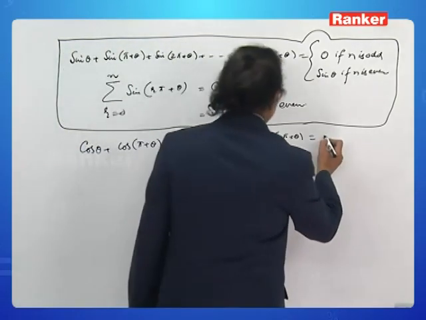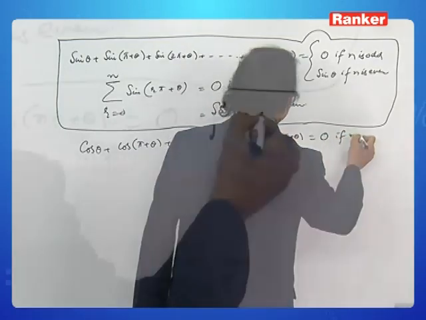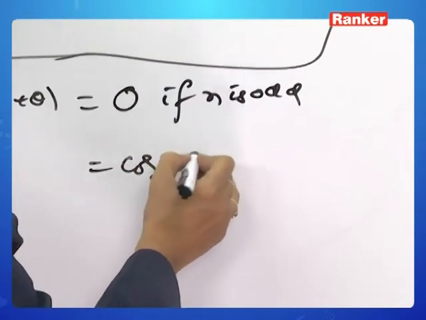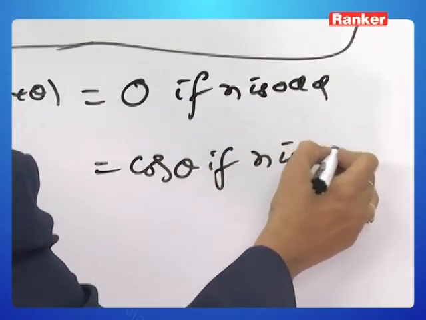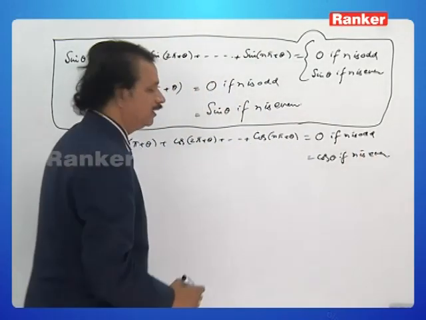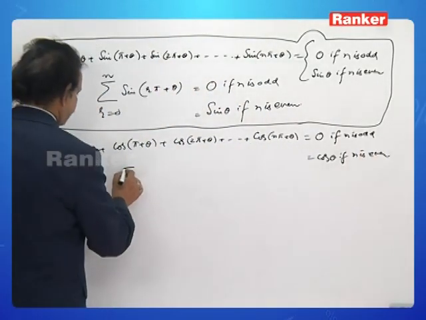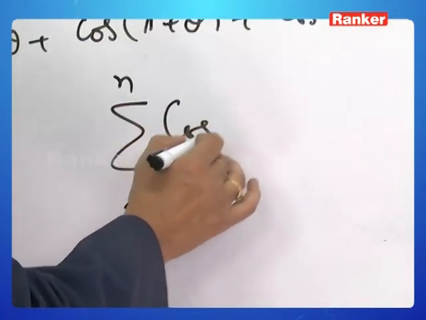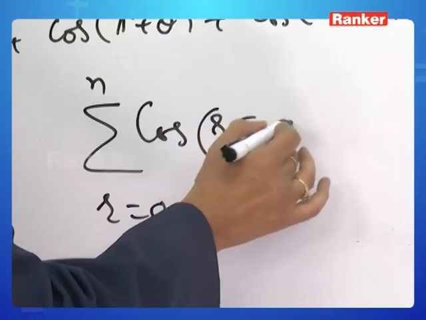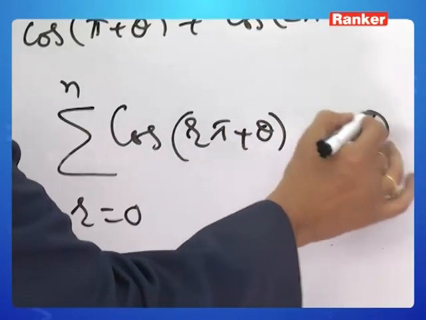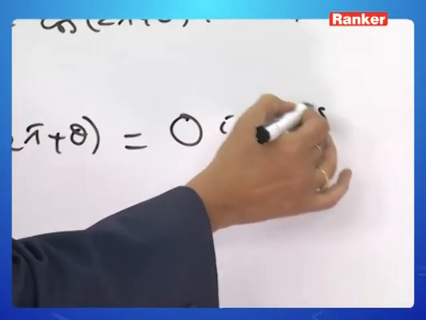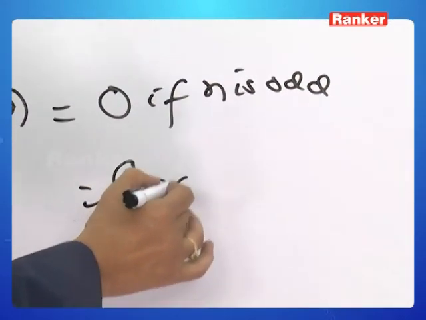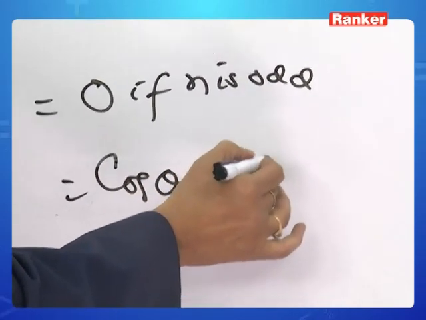Therefore, this is 0 if n is odd, and equal to cos theta if n is even. This can also be represented as sigma r is equal to 0 to n cos of r pi plus theta is equal to 0 if n is odd and cos theta if n is even.